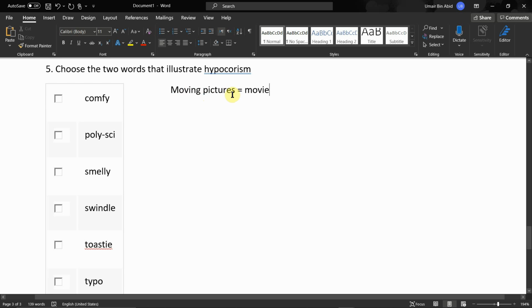So in hypocorism a word is clipped and an ee sound is added at the end. From comfortable we can say comfy, for example if I say this sofa is very comfy. Or from toaster we have toasty. So this is an example of hypocorism.